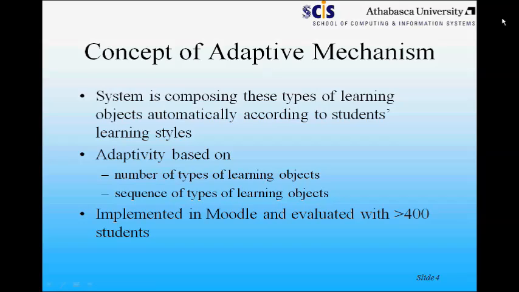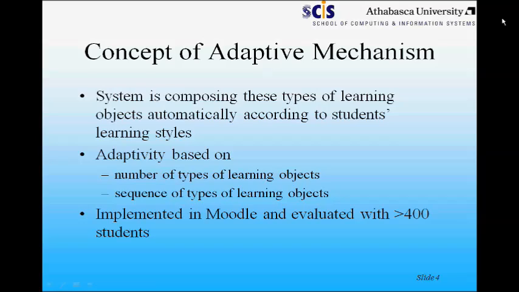For example, if we have an active learner, we know that active learners like to try things out, do some experiments with the material. So we can provide them with a high number of exercises. On the other hand, if we have a reflective learner, we know that reflective learners like to think about the material, reflect about it. So we can increase the number of examples we show to reflective learners.